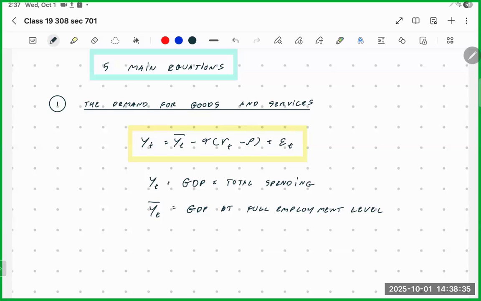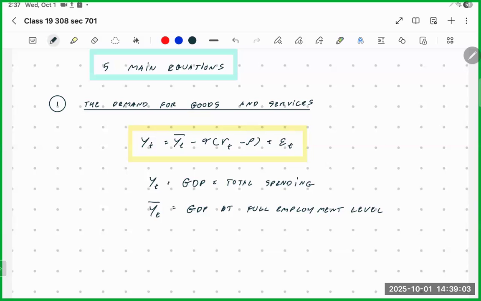We need rho just for comparison. Just like we have Y_t and Y_t bar, how are we going to know whether GDP is too high or too low? We need to compare it with Y bar. Last time we talked about unemployment. How are we going to know whether unemployment is too high or too low? We compare it with u_n, the natural rate of unemployment, right? So today we have rho.